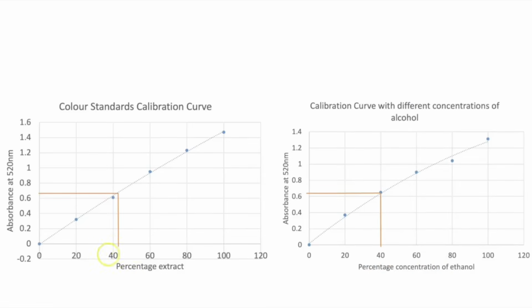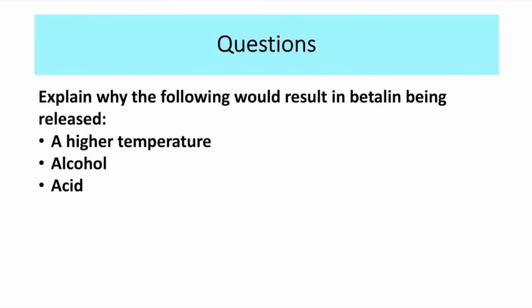So the kind of analysis questions and conclusions you could be asked linked to this practical are: explain why any of these conditions would result in that pigment being released. So a higher temperature would cause the membrane proteins to denature and therefore more pigment would be released.